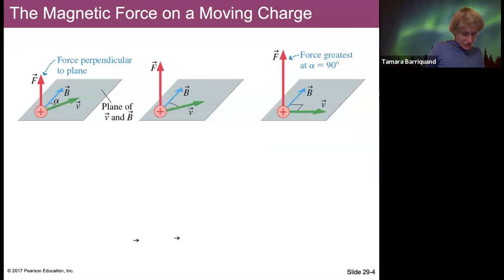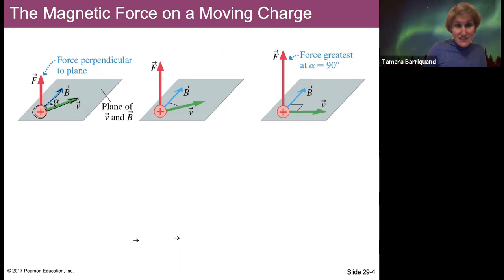In the first image, we see a charged particle moving at velocity v, indicated by the green vector, at an angle alpha from the magnetic field.